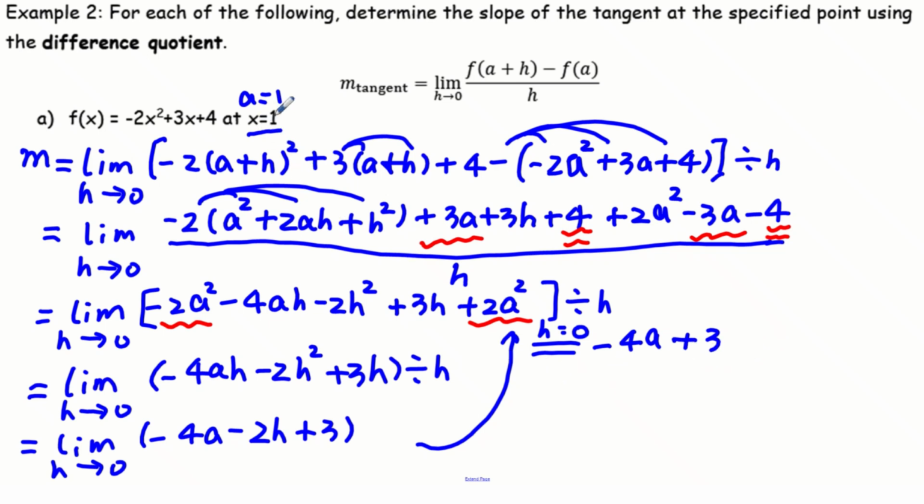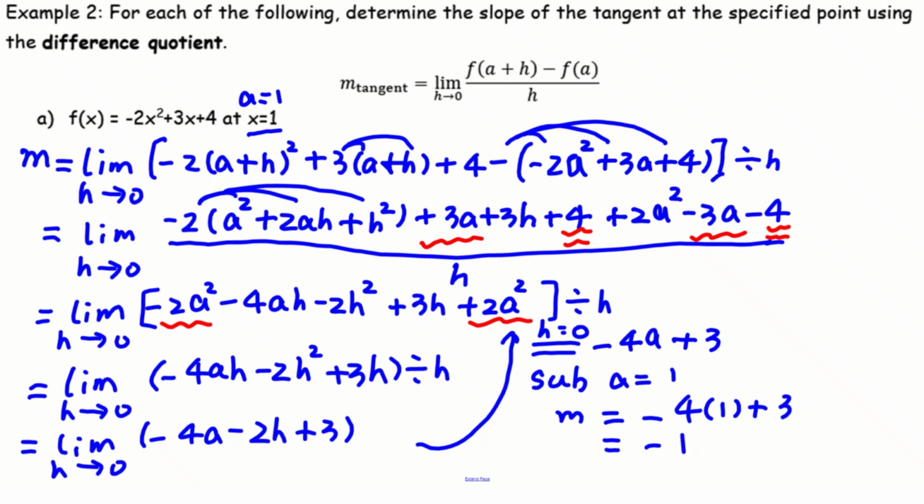Then we have x equals 1, so the a value is 1 here, and we sub in a equals 1. Then the slope of the tangent at x equals 1 is -4 times 1 plus 3. So -4 times 1 gives you -4, plus 3 gives you -1.